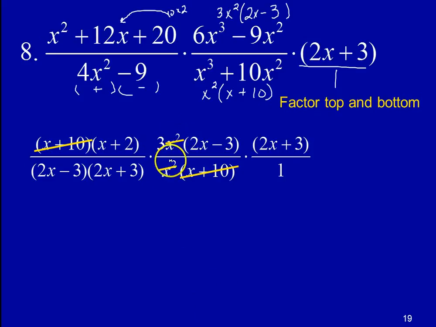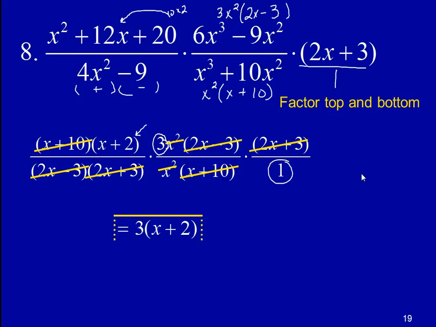They're both just gone. 2x minus 3, 2x minus 3, 2x plus 3, 2x plus 3. So on top, I've got a 3 and an x plus 2. On the bottom, I just have 1. If I divide by 1, is that going to do anything? Nope. So my answer is just 3 times x plus 2.